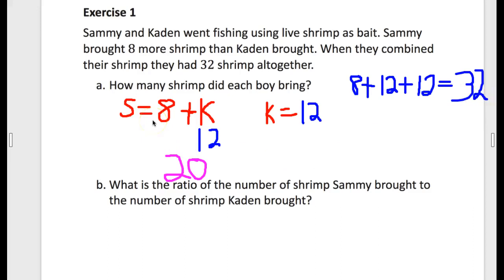Remember, if we took 8 from 32, we had 24. If we just broke that into 2, that's where our 12 comes from. So our final answer is Sammy brought 20, and Caden brought 12.